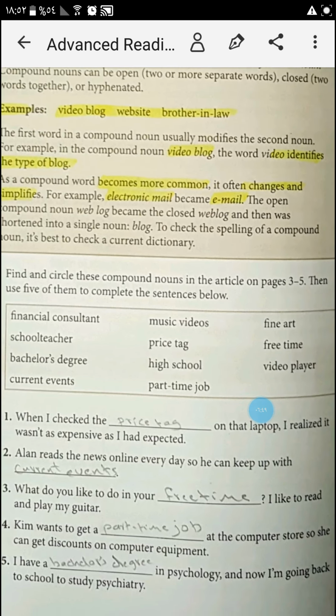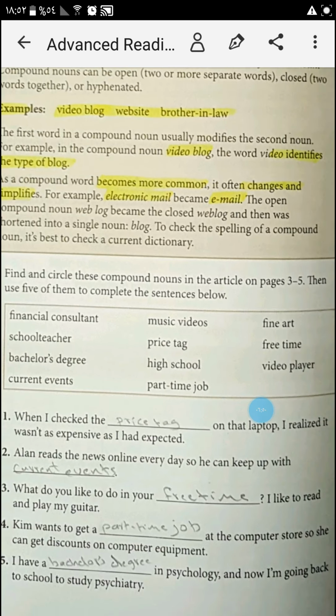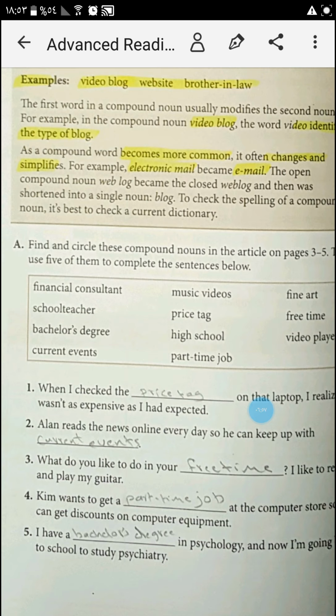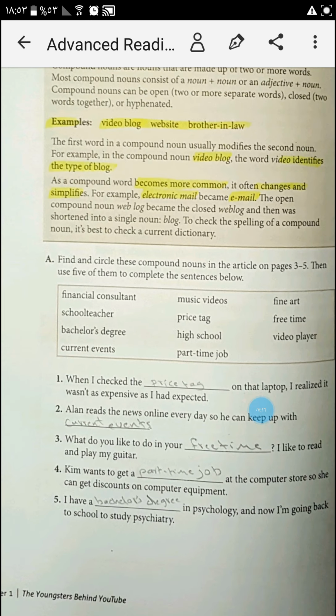You are required to circle them, and I want you to answer these 5 questions, filling in the 5 blanks with any of these that you see suitable for these sentences. I have already answered this for you. I just want you to read the sentences and understand.